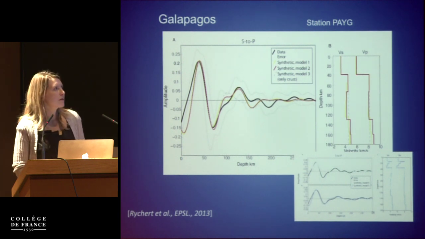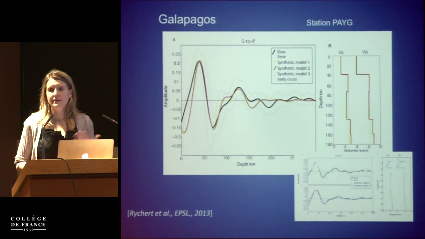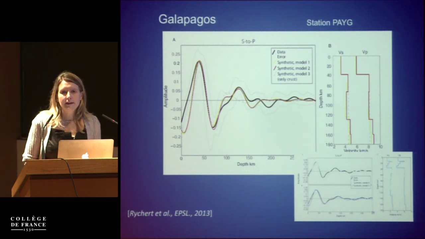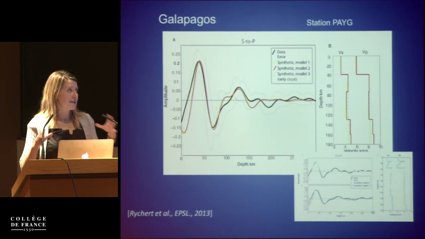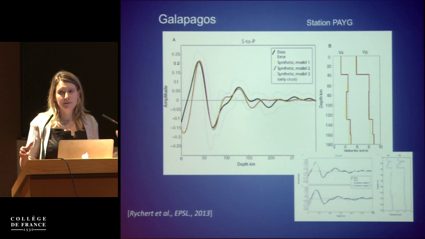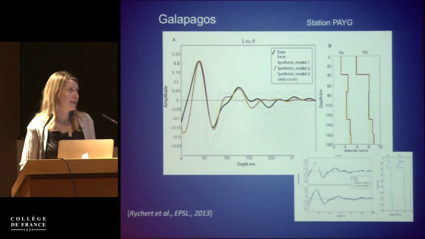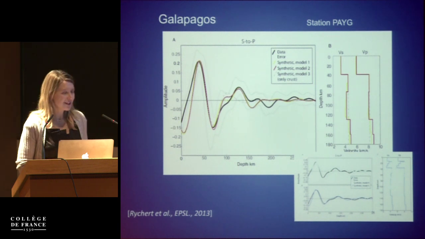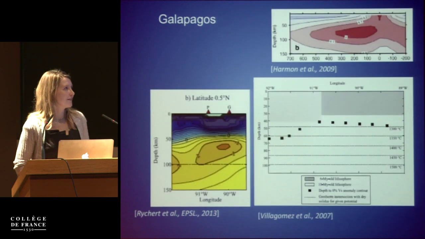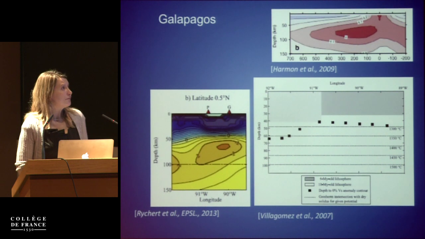So it's relatively unconstrained how sharp that gradient is, and that could be because of lateral variations, as the surface waves saw across the region. Since this is a stack of all the data from PAYG, which covers a pretty big area, it could be that the gradient is actually quite gradual, and so that question still exists, unfortunately, beneath the Galapagos.